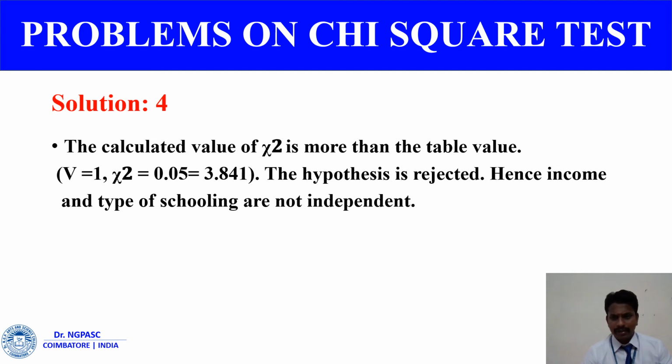At a 5% level of significance, the chi-square table value is 3.841. This is a given value. The hypothesis is rejected. The calculated value is greater than the table value. Finally, the hypothesis is rejected. Hence, income and type of schooling are not independent.